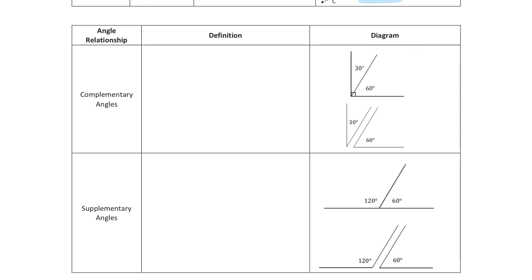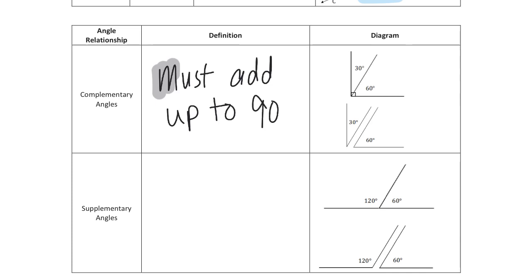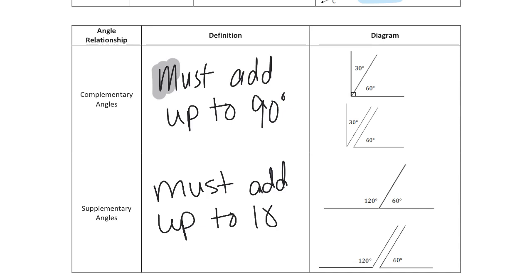Okay, down here at the bottom, just a review of complementary and supplementary angles. Complementary angles must add up to 90, and we've done this earlier in the year, and supplementary angles must add up to 180.